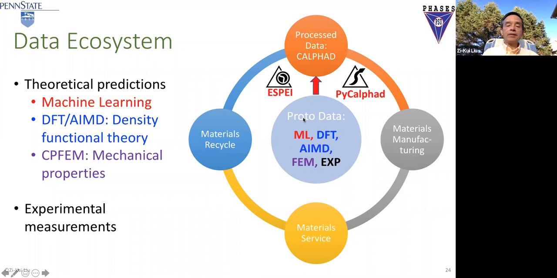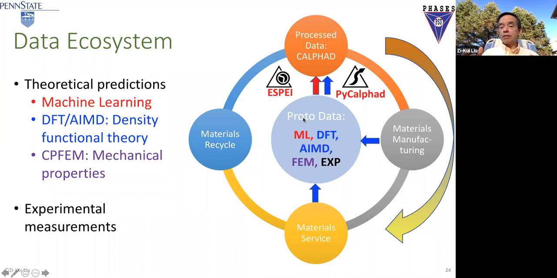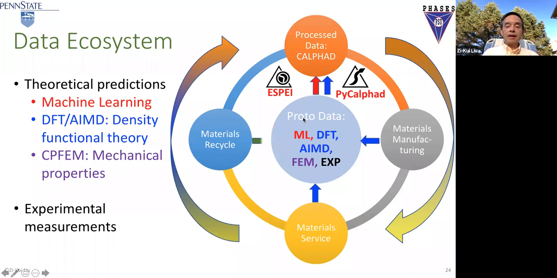And after you get the database, like Greg also mentioned, you can do material design, materials manufacturing, and material service. And those manufacturing and service processes will generate new data too. And then the new data gets into the total database and refines the database that we have. And when a material reaches its lifetime, and you get a material cycle, you get new data too.